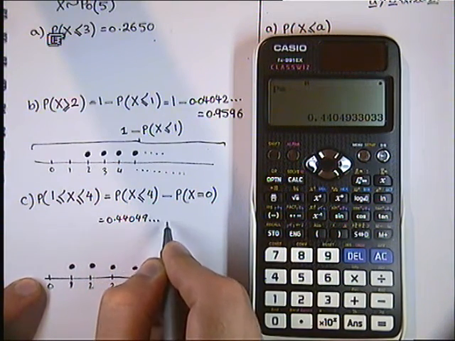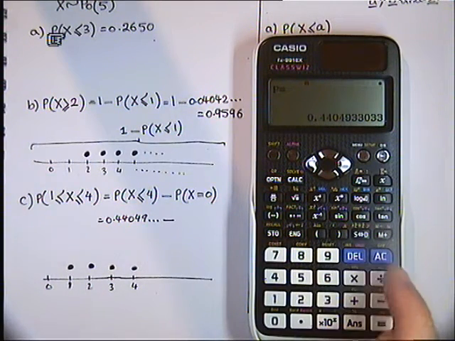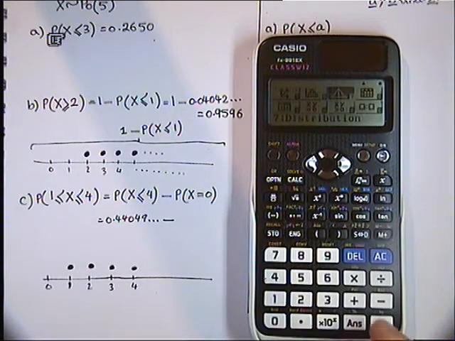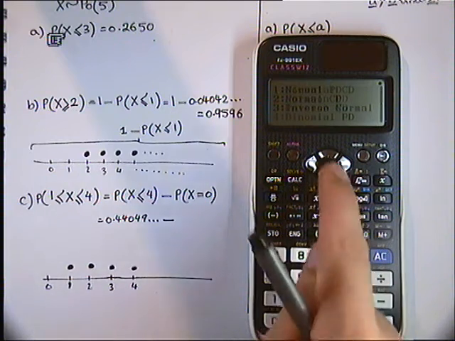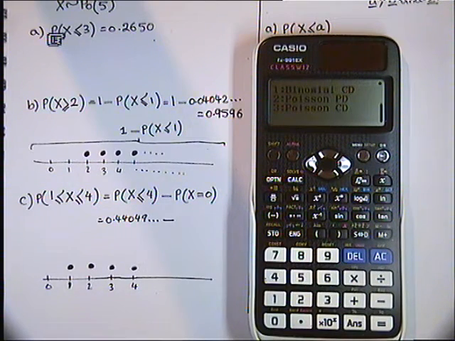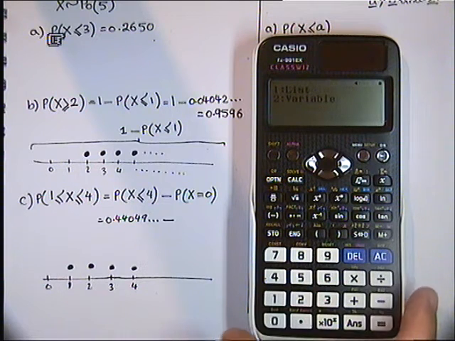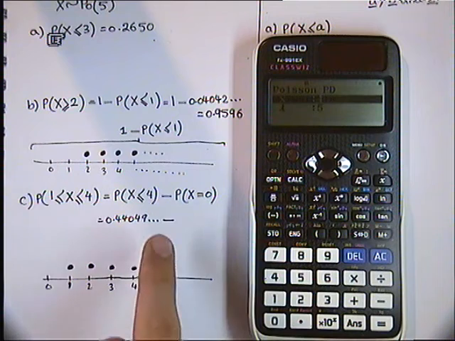Which is 0.440449 and so on. Save the answer and then let's use the Poisson PD for x equal to 0, because we want to calculate for exactly one value. Number 2, it is variable again. Don't worry about the list for now.